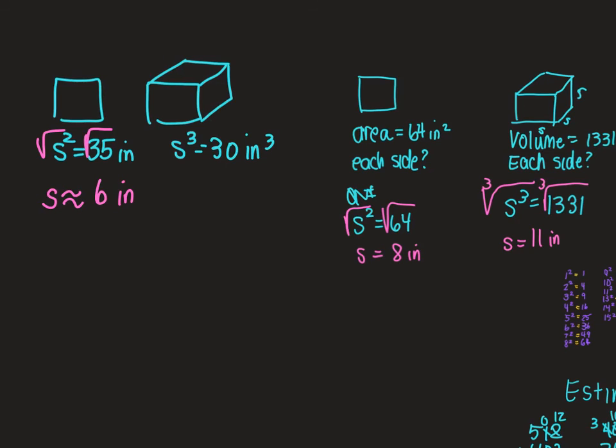It's about 6 inches, because 6 times 6 was 36. Over here, if I cube root each side, then each side is, it's not equal to, but it's going to be about 3 inches, because 3 inches was 27 on our list.